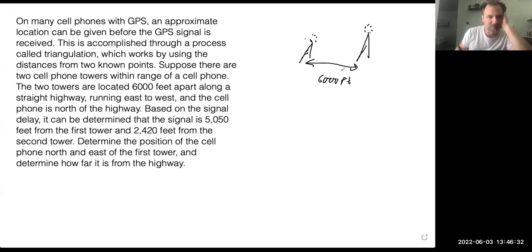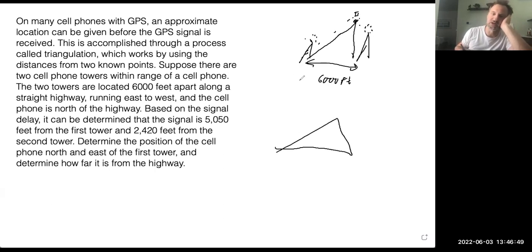And the signal is 5,050 feet from the first tower and 24,200 feet from the second tower. So there's our triangle, because our signal is here. We can see the distance here and here, so basically I have a triangle.